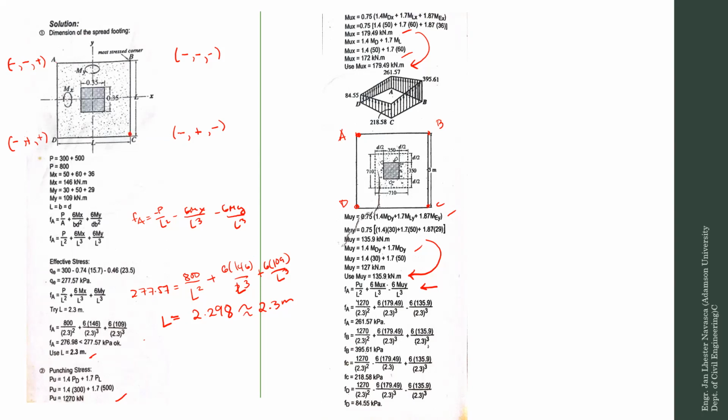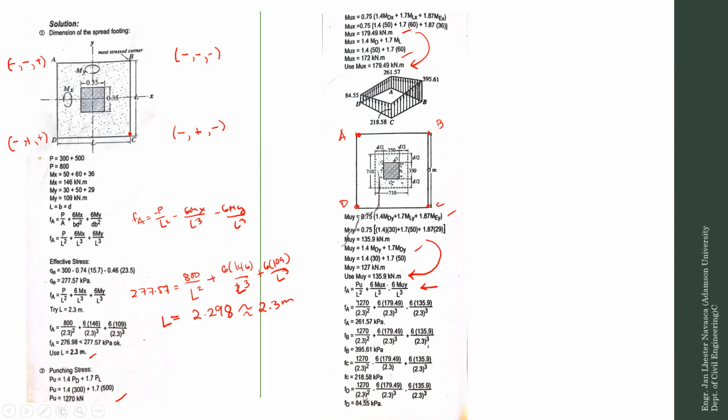So meaning negative yung compression due to force, positive yung due to MX, and negative yung compression due to force, tension is due to X, and compression yung due to Y. So therefore, you get your positive, negative, positive. Just simply interchange the sign.